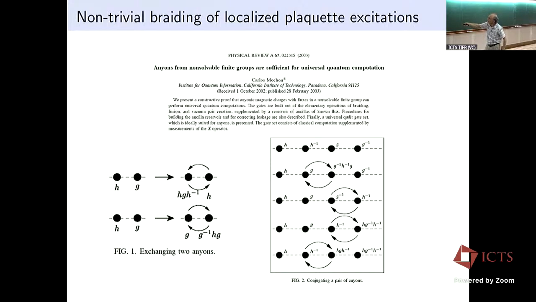So g goes into g if the group is abelian, but if the group is non-abelian, it changes. And it was shown that this transmutation under a braiding event gives rise to huge computational power. So that was an interesting motivation for us.